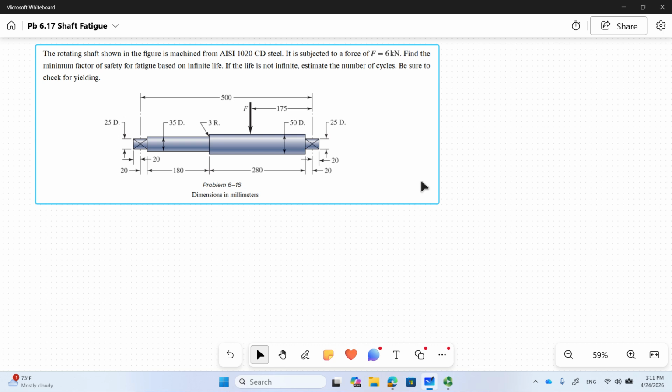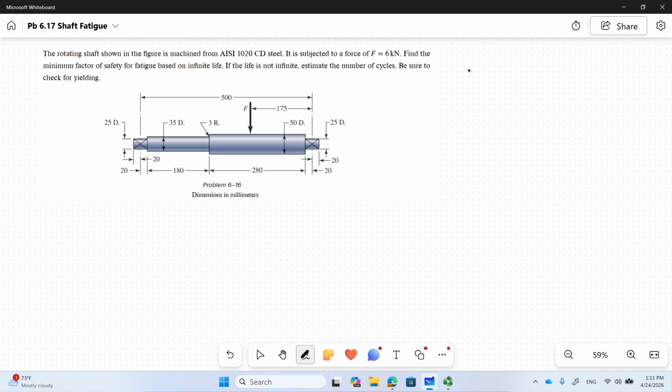So SUT is 470 megapascal. I need to know the SY too, the yield point.